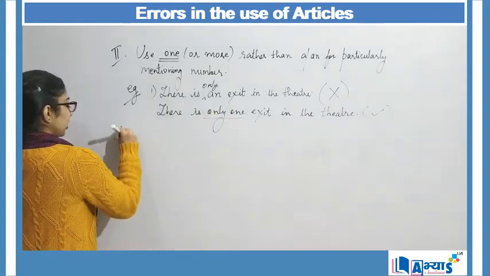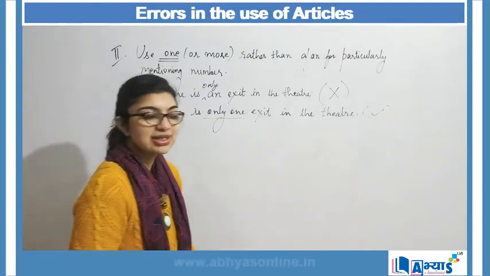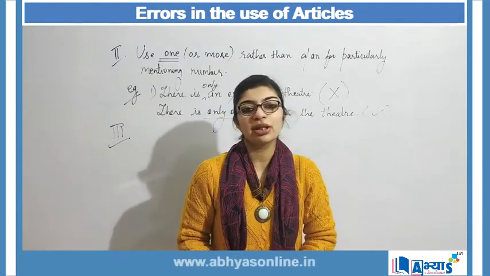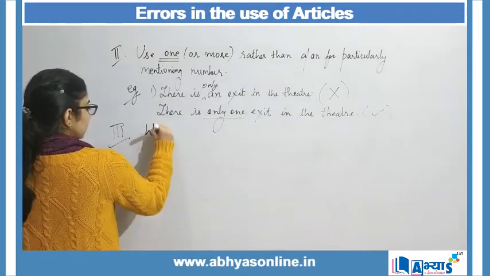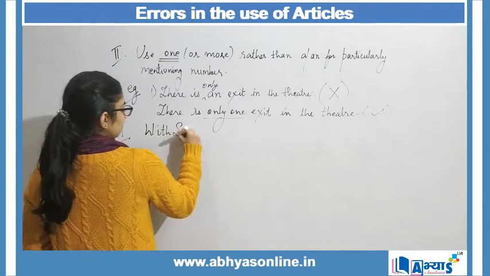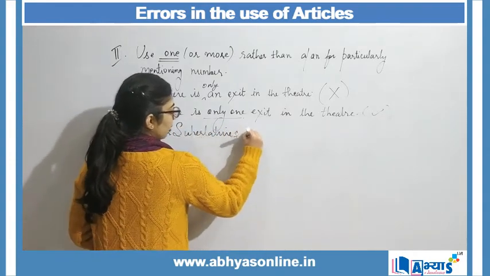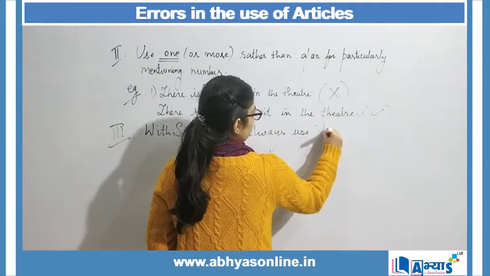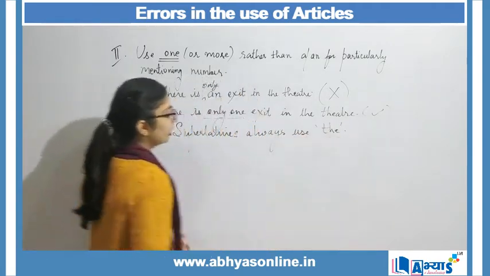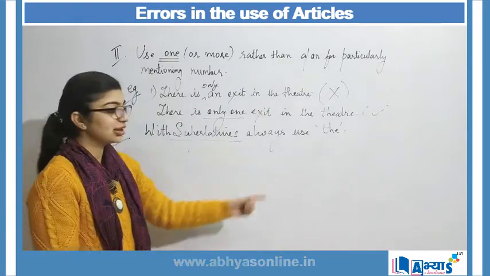Now the third area where commonly mistakes can be made is that whenever we are making use of superlatives, with superlatives always use article the. With superlatives we always make use of article the.